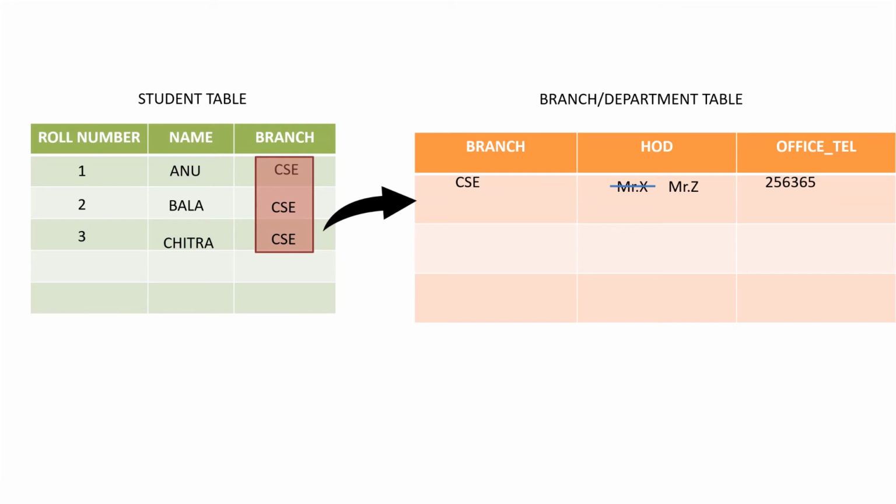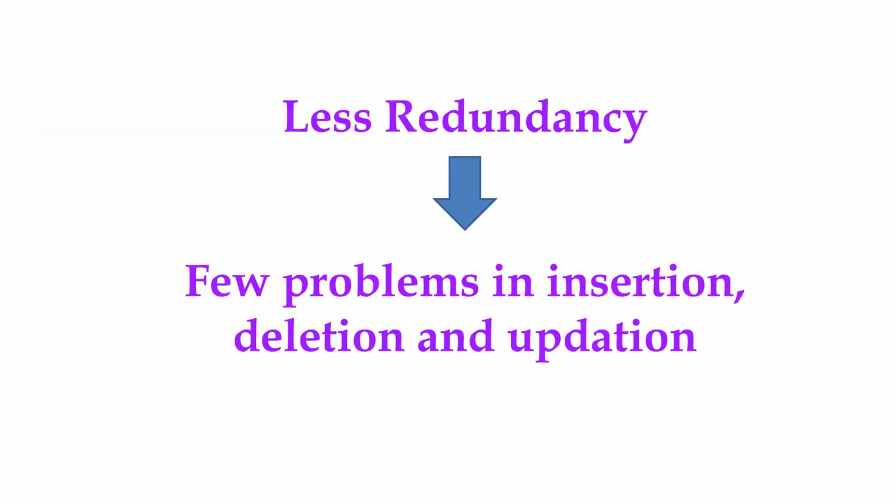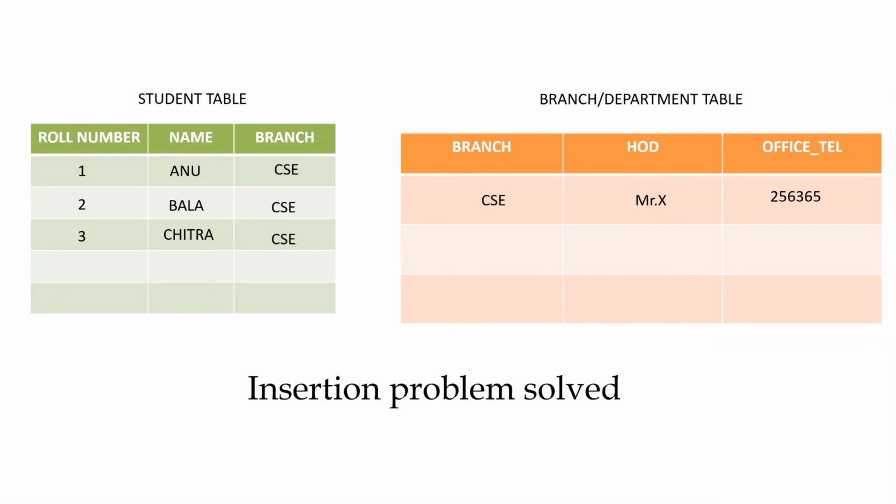Now, if I want to update any information like new HOD detail or office telephone number, I can do that in the branch table without affecting any details in the student table. So this is possible with the help of normalization. Now, by reducing the redundancy, what are all the benefits you will get? I can have fewer problems in the insertion, deletion and updation. So, let us see how the insertion problem is solved.